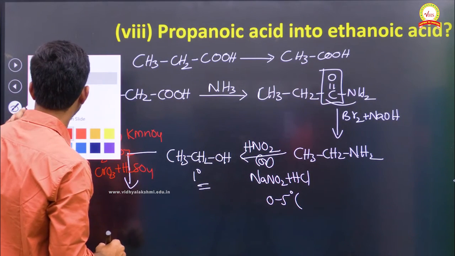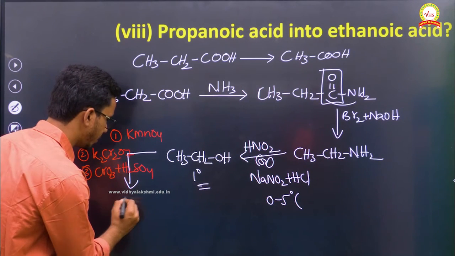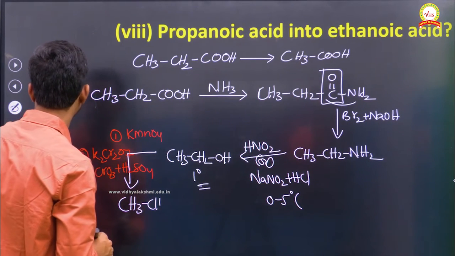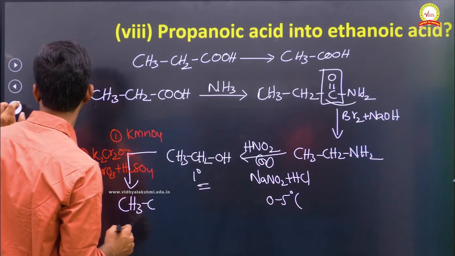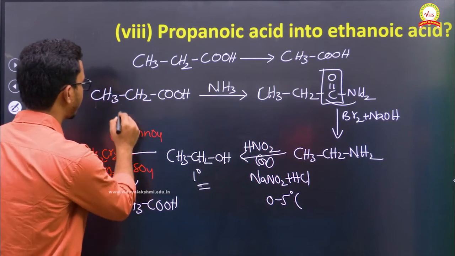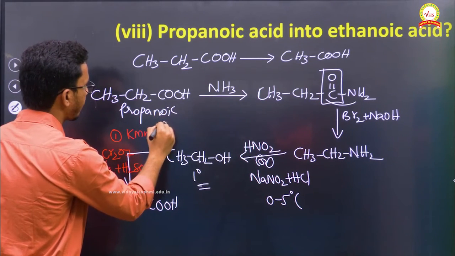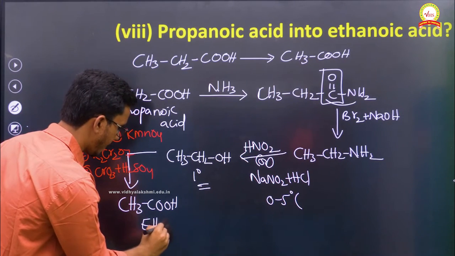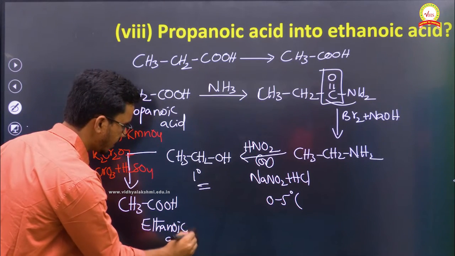By taking any one of these 3 reagents, we can convert the primary alcohol to the respective acid, COOH. This is propanoic acid. This is ethanoic acid.